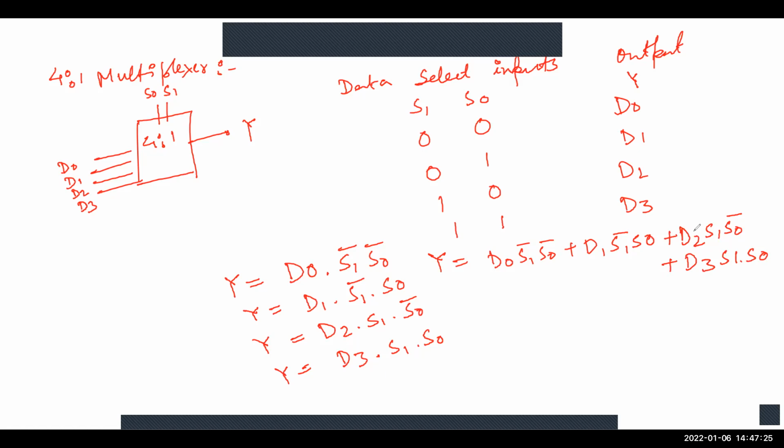Is there any doubt? No, sir. Okay. So using this expression, the 4:1 mux can be implemented using two NOT gates, four 3-input AND gates and one 4-input OR gate.